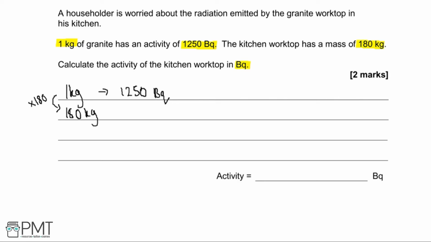We're going to do the same because the count rate will also increase by the number of times that the mass is increased. So we multiply 1,250 by 180, and we get 225,000 becquerels.